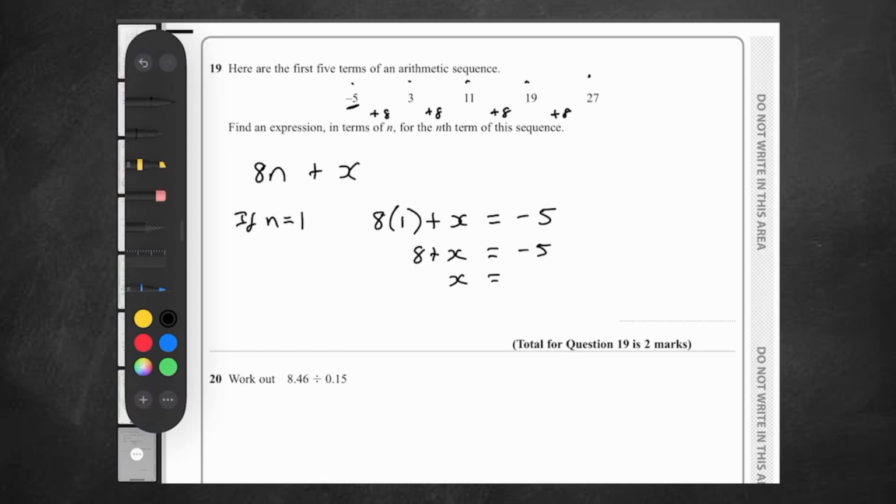So x is going to be minus 13 when we take 8 from both sides. Therefore, our sequence is going to be 8n minus 13, and we can check that with the second term. So let's put 2 in. So we'll say 8 lots of 2 minus 13. It's going to be 16 minus 13, which is 3, which matches up here.